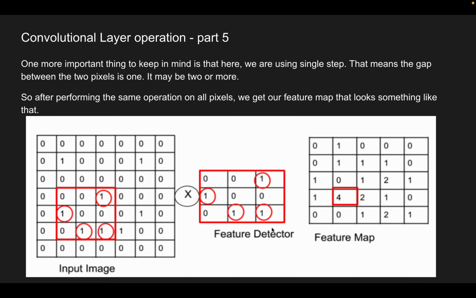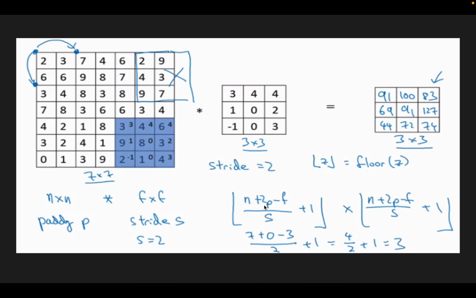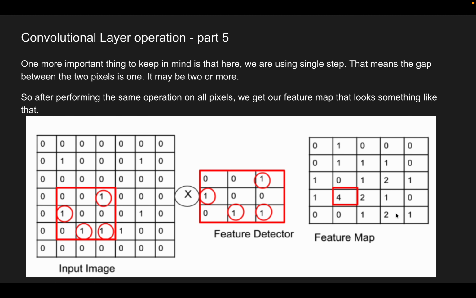By default you are using stride as 1, means you are just skipping one row or one column at a time. So 7 minus 3 divided by 1 you are getting as 4, plus 1 means 5. Similarly you will get 5, so 5 cross 5. This is the output you are getting after performing the convolution operation.